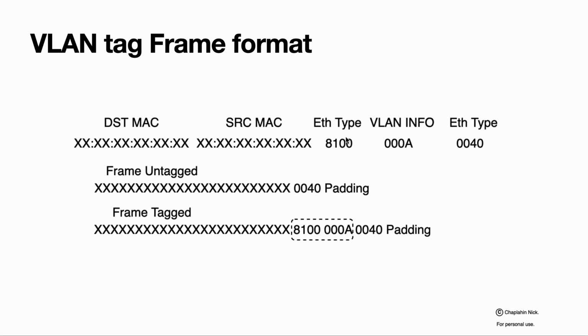A frame is called tagged if VLAN information is available, and untagged if the VLAN tag is not available. By the way, the following Ethernet type is used by the system to know whether it should perform any other actions toward this frame while it is processed, other than just simple bridging by the VLAN.